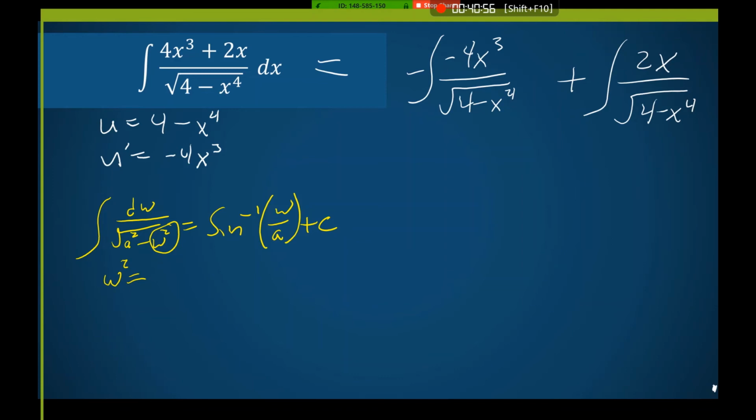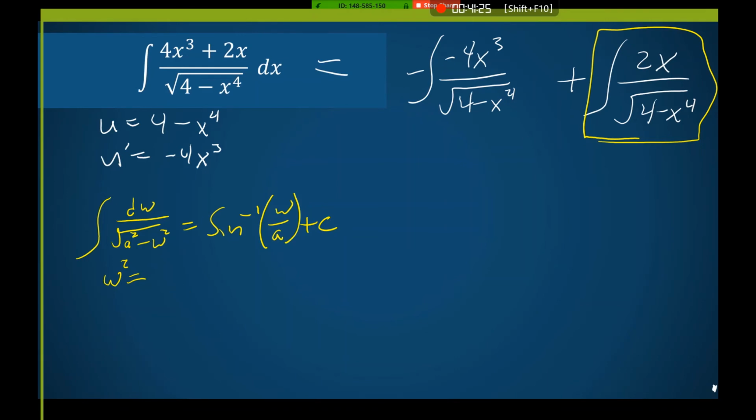Oh, w squared is 16 minus x to the eighth. Okay, looking at this, sorry, it's going to be 2x squared over x minus x to the fourth. I mean 4x squared. Okay, I think we're getting ahead of ourselves.